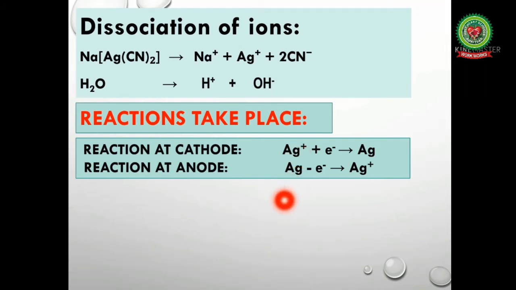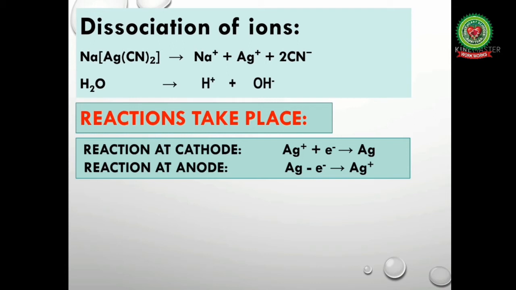At anode, the negative ions, cyanide and hydroxide ions, migrate to the anode, but none of them are discharged. Instead, the atoms of the anode, which is silver, lose electrons and pass into solution as silver ions due to the nature of the anode, which is an active electrode. Silver ions are attracted to the cathode, which is the brass spoon.